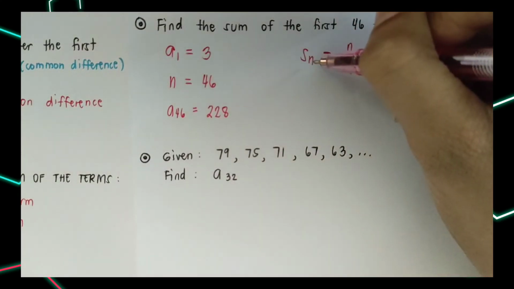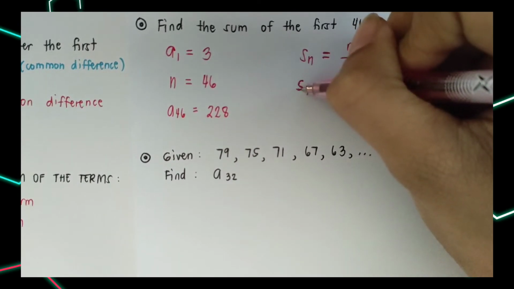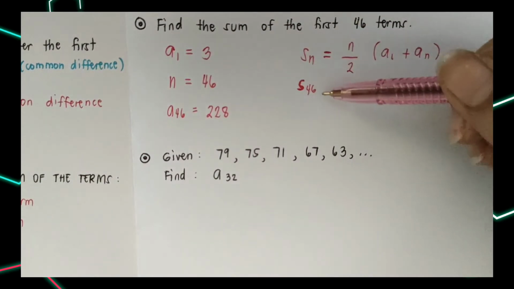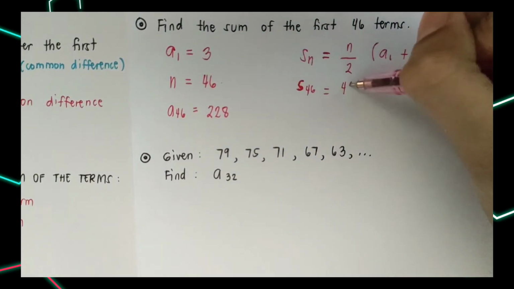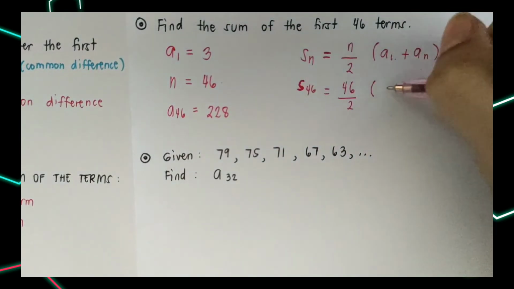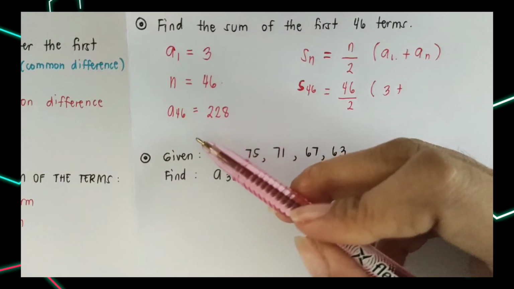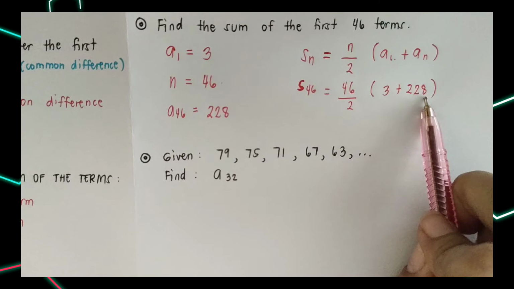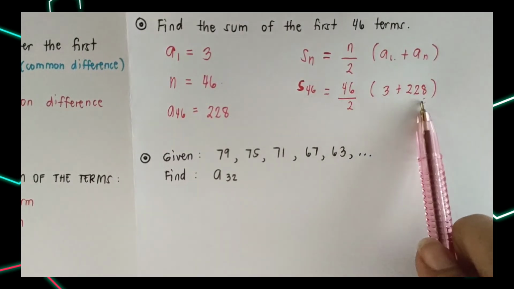So we will now write S46 here, because we are now looking for the sum of the 46 terms. Our n is 46 divided by 2 times our a sub 1, which is 3, plus our a sub n, or the a46, which is 228. This is the last term of the 46 terms, so we add the first term up to the 46th term.